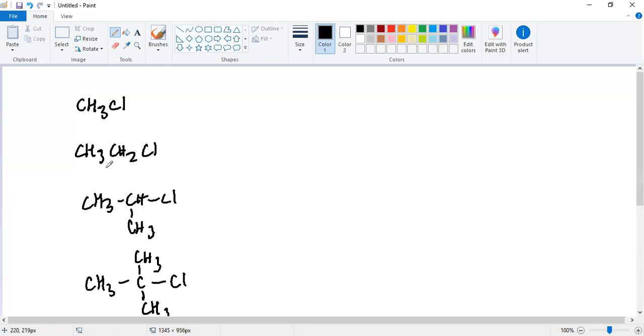So these are all known as haloalkanes. That alkyl group is bonded to the halogen, so we call it a haloalkane. This kind of haloalkane is known as primary.